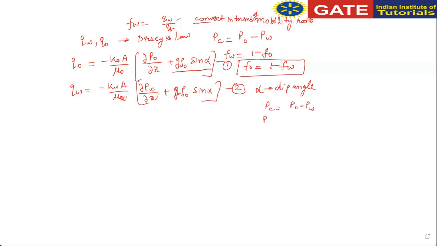So del PC by del X is del PO by del X minus del PW by del X. So first minus second, or second minus first, because the minus sign is there.